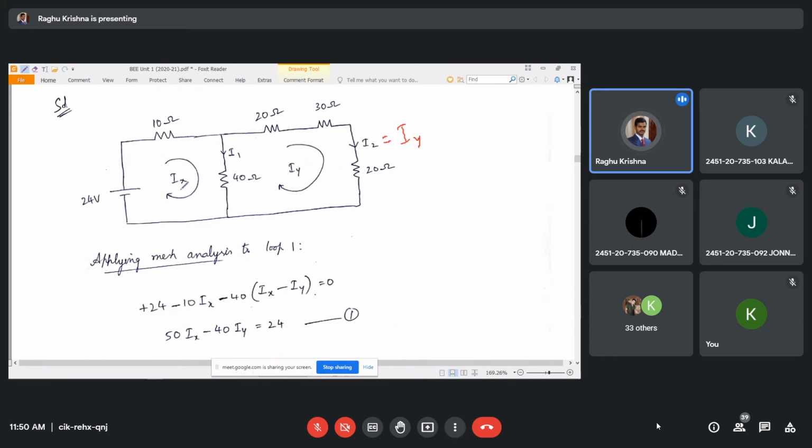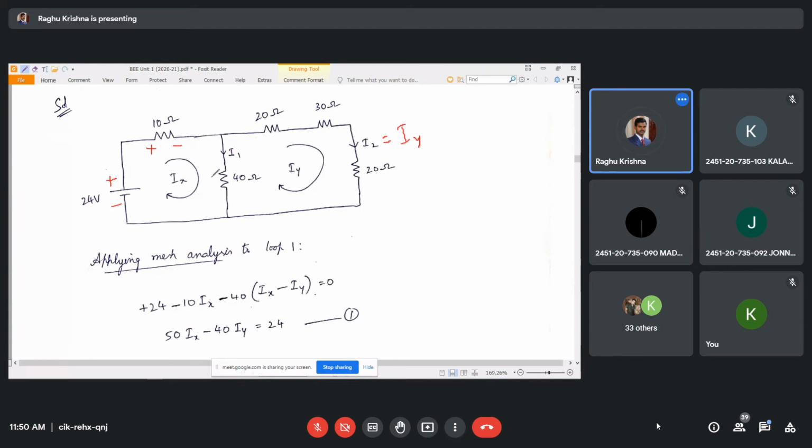Now minus 2 plus, I'm going in the direction of the loop current. From here I have started, minus 2 plus voltage rise, so plus 24. Next minus 10 Ix. When the current flows, there will be a voltage drop, so minus 10 into Ix.